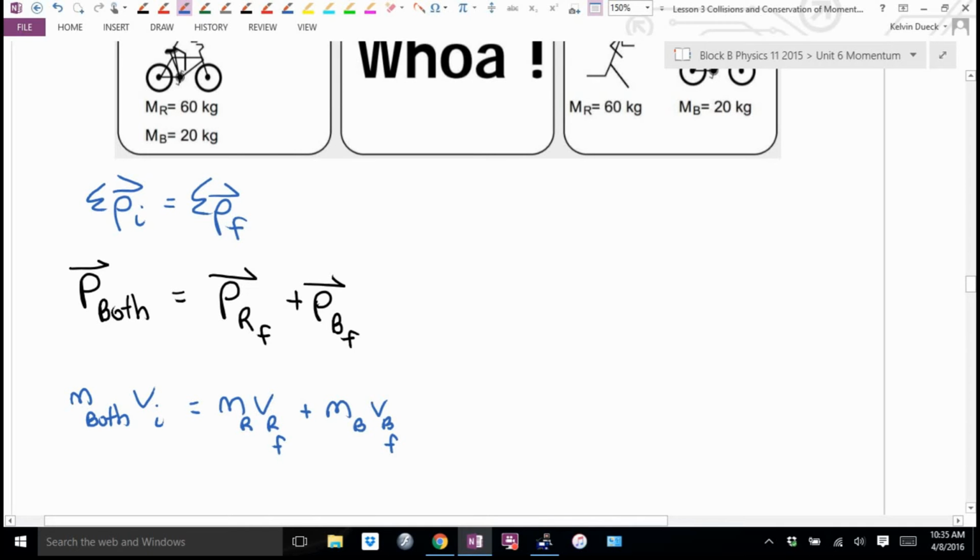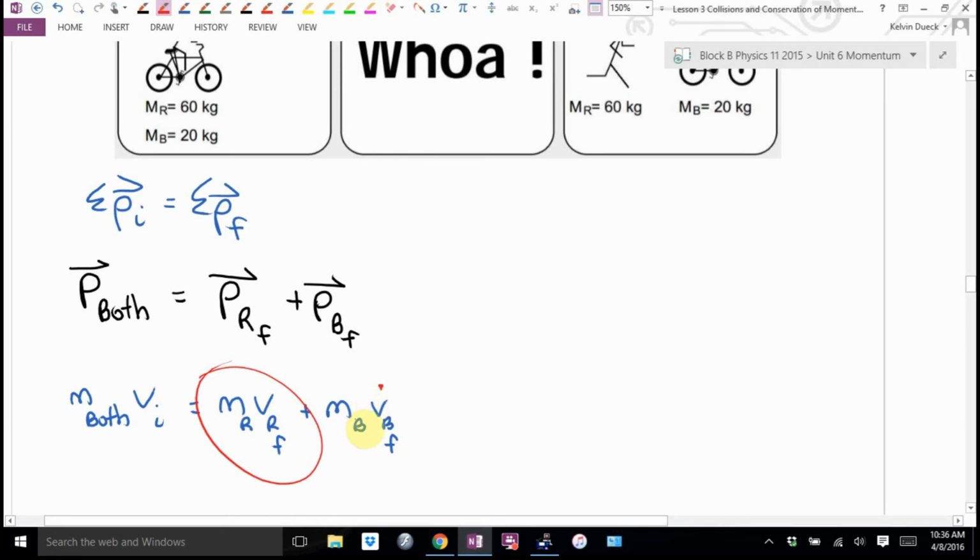Braden, my friend, what's this question want me to find? The velocity of the bike. This guy. I need to get that by itself. Move this over. How? Yep, because there is an invisible plus sign in front of it. You can't see it, but it is there. It is positive. And then what would I do?